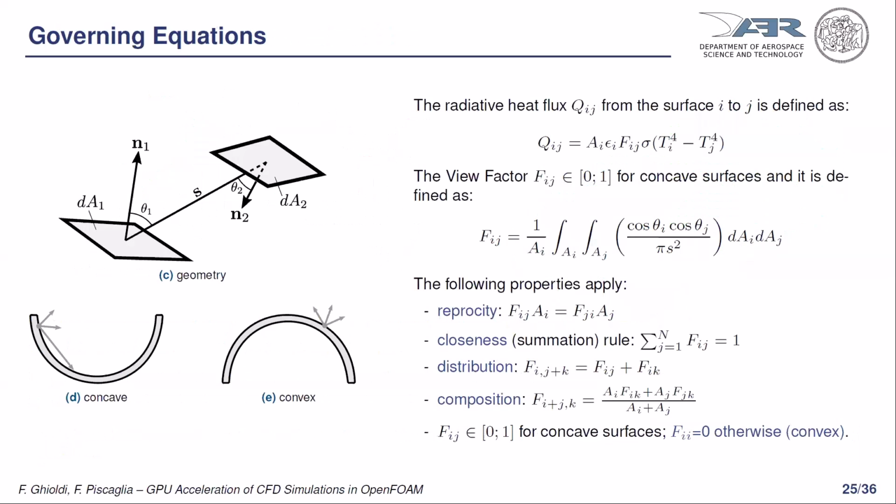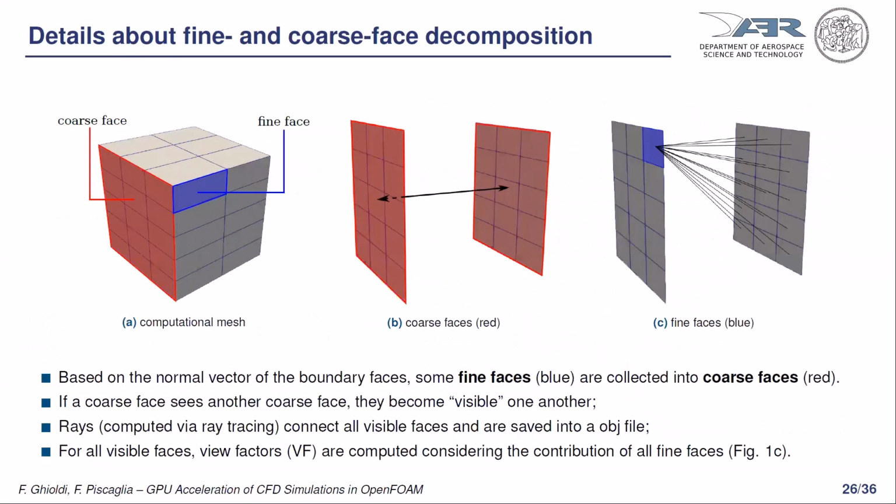Again, these are just the governing equations, but I will not stay too much on this. I want to explain that the way OpenFOAM works, you have 2 different kinds of grouping of faces. Every single elementary face that you have in your boundary is a fine face for the view factors calculation.